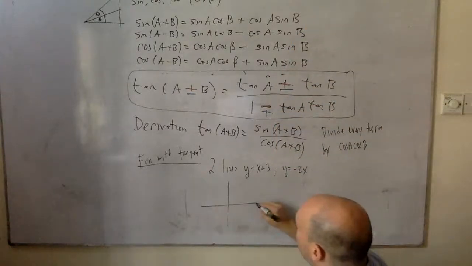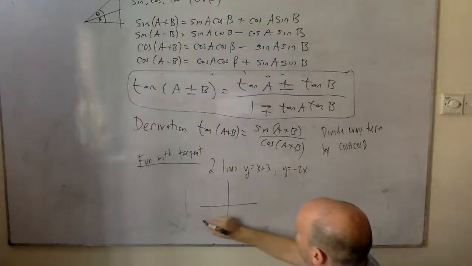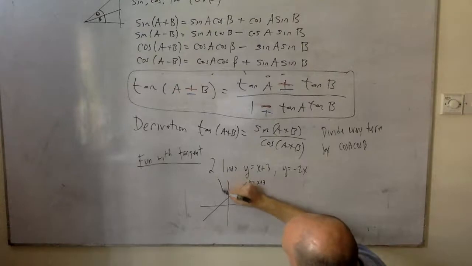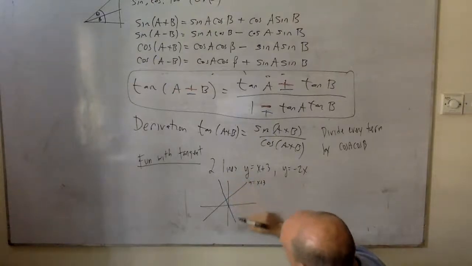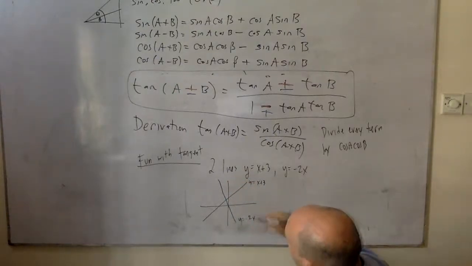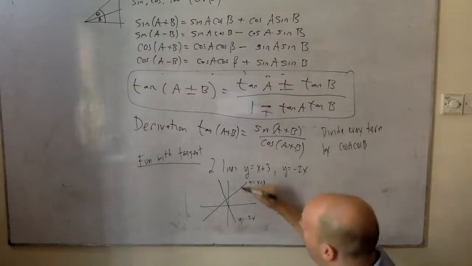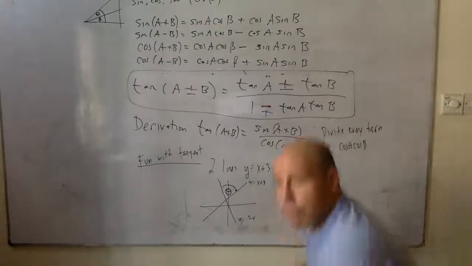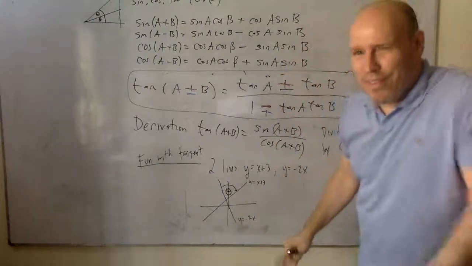So here's our graph. Here's our first line, y equals x plus 3. Here is the line y equals negative 2x, and I would like you to find this angle. What is this angle here? You've never thought about that.